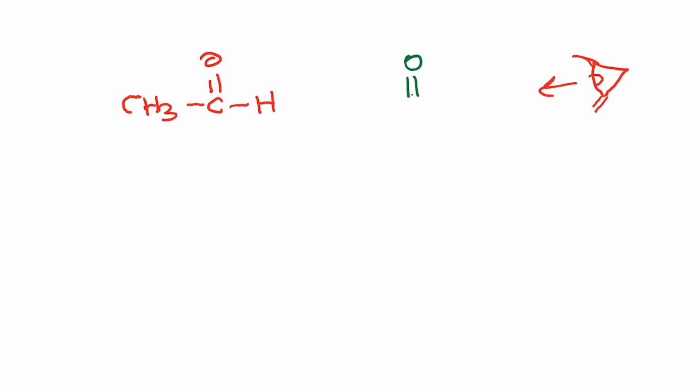So let's start with acetaldehyde, CH3 C double bond O H. If I look at it from here, so these are my eyes, then it's going to look something like this. The C double bond O is over here, hydrogen is over here, and the CH3 is here.